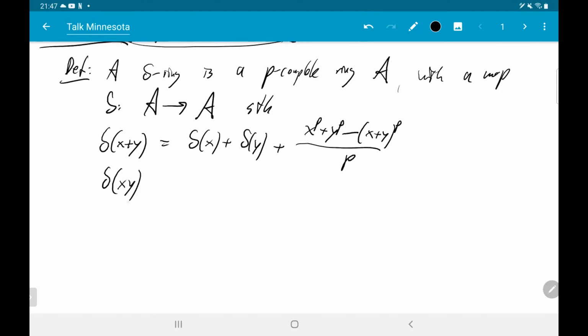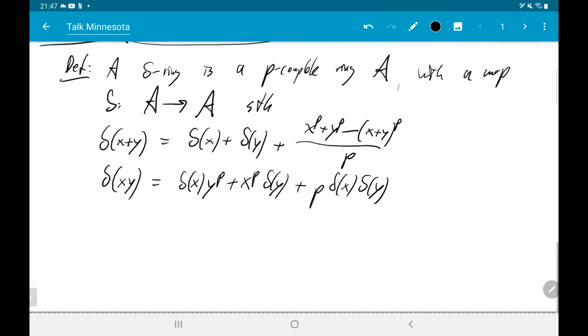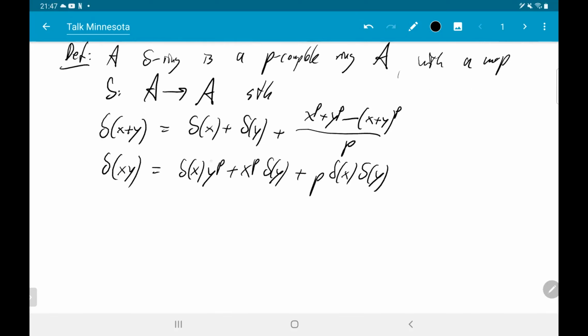And there's a similar relationship between delta and products, which looks maybe a little bit like delta being a derivation. Just that it's not a derivation over the identity homomorphism. It's somehow a derivation with this x to the p, and there's this additional term here.